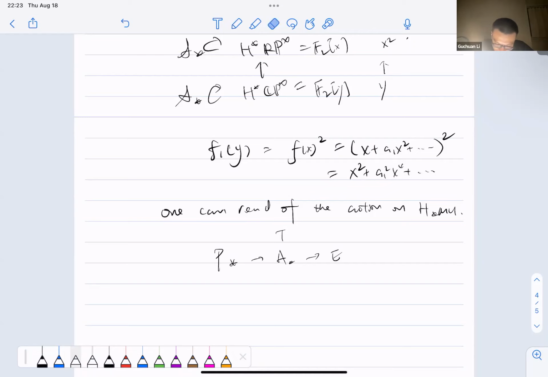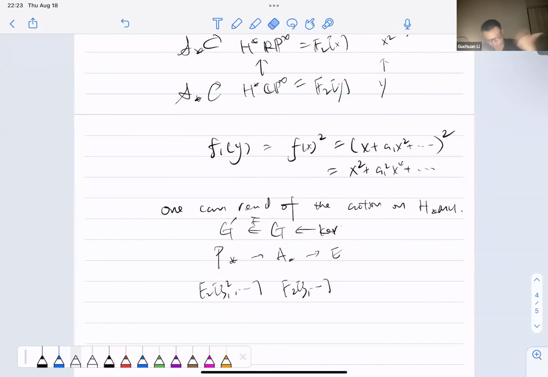But if you prefer, you can think of this as a group scheme. Then the arrows reverse. This is a quotient, and this is a kernel. Since the map just consists of all the squares, what's happening is you just purely square everything.